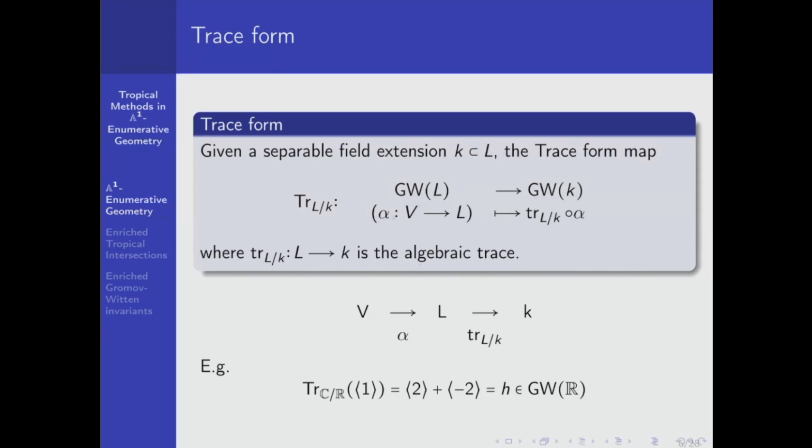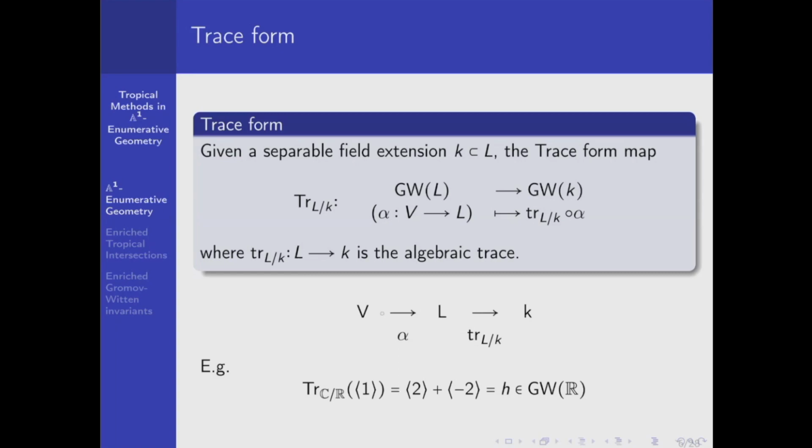So whenever I take a quadratic form from a vector space V to L, I can send it to the composition of my quadratic form with the trace. The algebraic trace is the trace of the field, in which an element is sent to the sum of all its Galois conjugates.